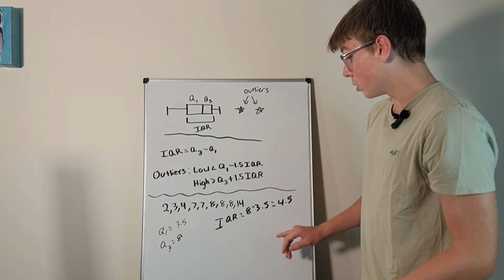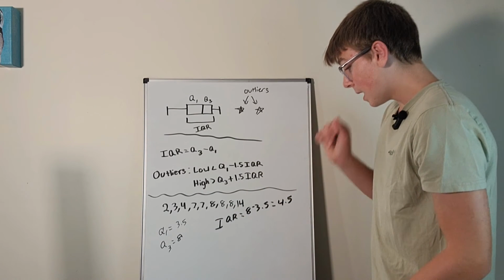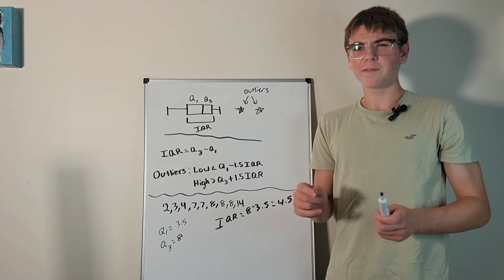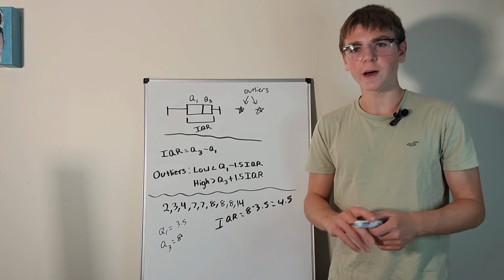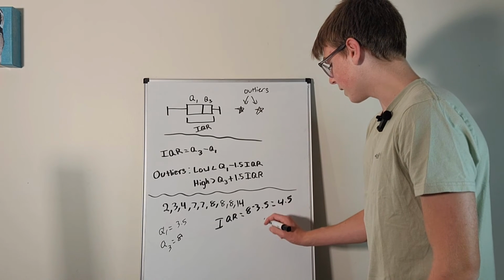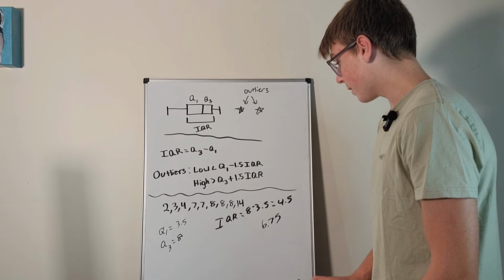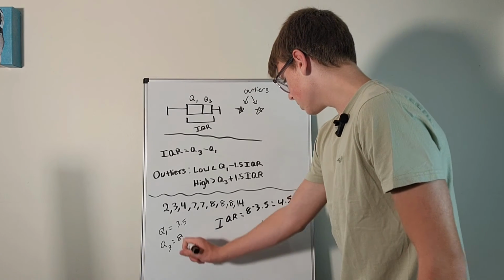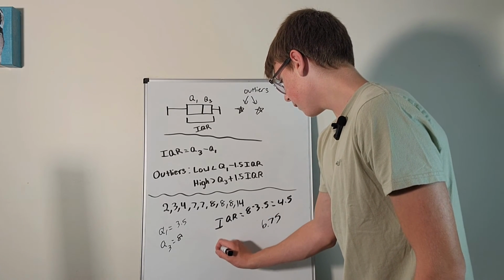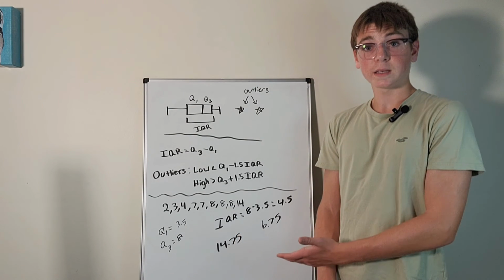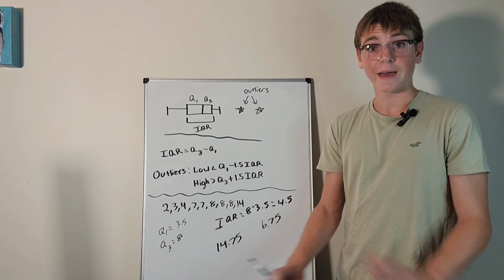Now, if we look at 8, and we try adding 1.5 times 4.5, half of 4.5 would be 2.25. So 4.5 plus 2.25 equals 6.75. And if we add that to 8, we will get 14.75. That is the cutoff for outliers.